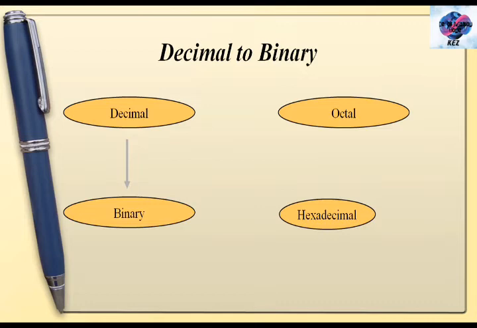The easiest one, decimal to binary conversion. I already told you at decimal conversion time that whenever you try to convert from decimal to any other number, you have to divide repeatedly by the base where you want to go. So if I have a decimal number that I want to convert to binary, binary's base is 2.